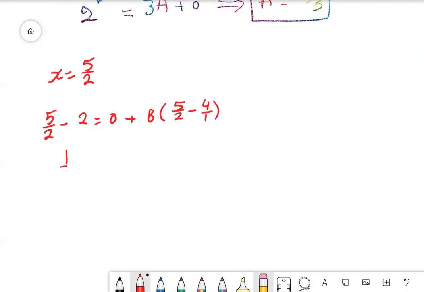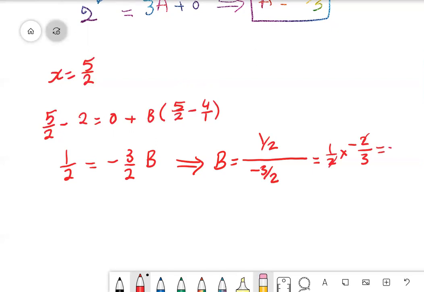And therefore, there's going to be 1/2 equals b times 5 over 2 minus 4. 5 over 2 means 2.5. Minus 4 is minus 1.5. Minus 1.5 means minus 3 over 2. That's minus 3 over 2 b. Therefore, b equals, again, I'm going to do it in very detailed, 1/2 over minus 3 over 2. And that becomes 1/2 times minus 2 over 3. Cancel these and you end up with minus 1 over 3. So b is minus 1 over 3.